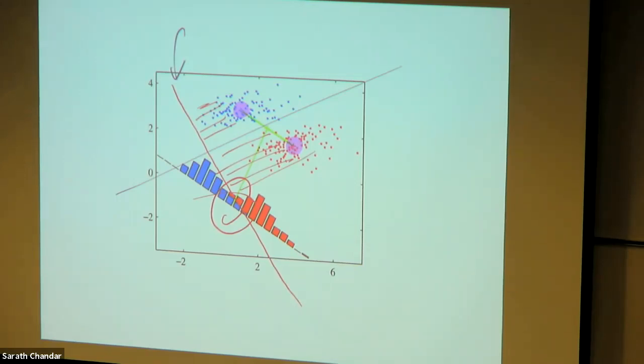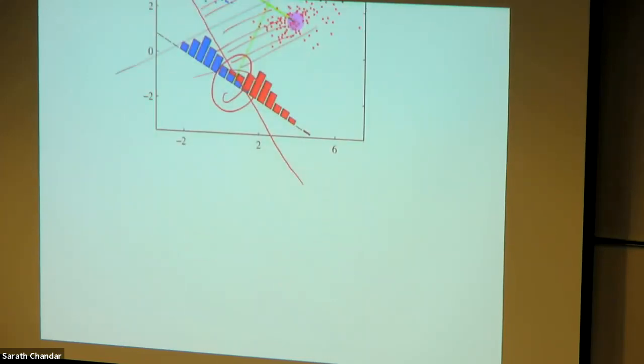So that is the improvement to this algorithm that we have seen. This improvement was proposed by Fisher. Maybe the spelling is wrong. So the algorithm that we are going to see now is called Fisher's linear discriminant analysis.